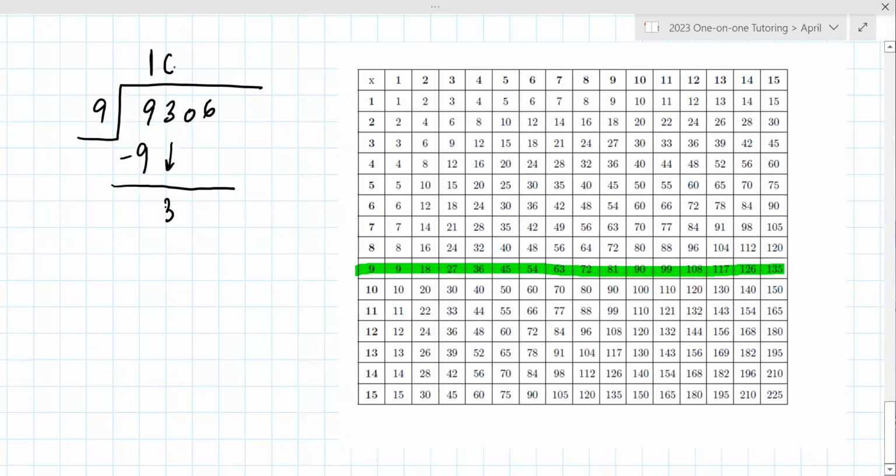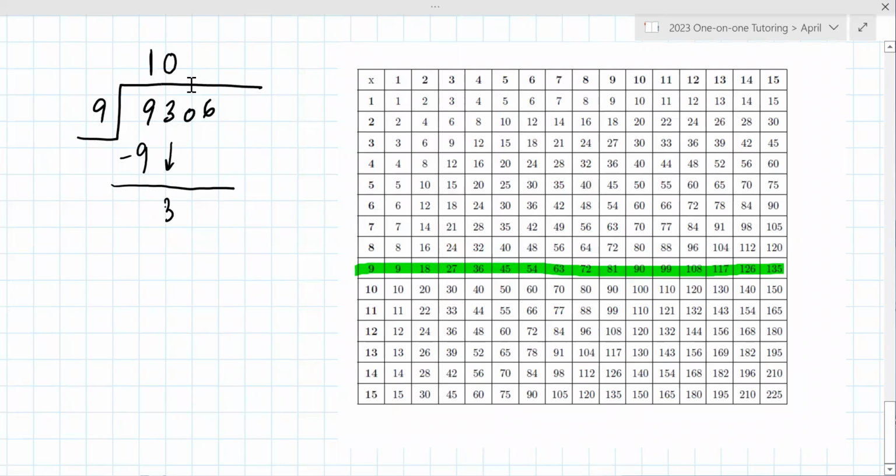No. So you put a 0 there. But if you bring this 0 down, does 9 go into 30? Yes. How many times does 9 go into 30? 3 times. 3 times 9 is 27. And you subtract.